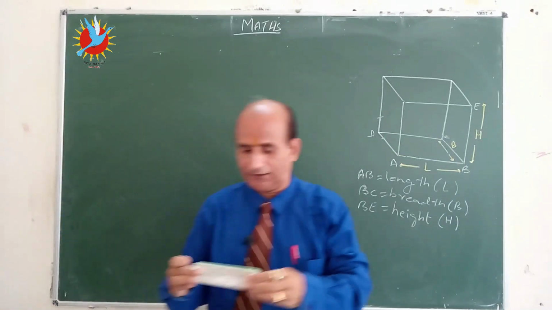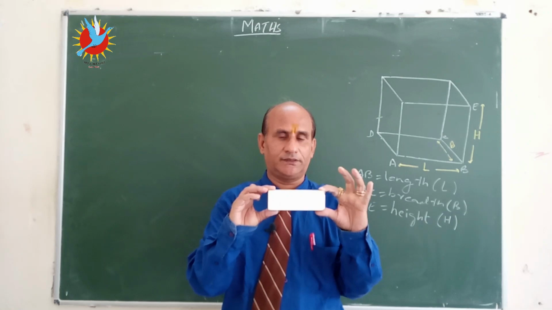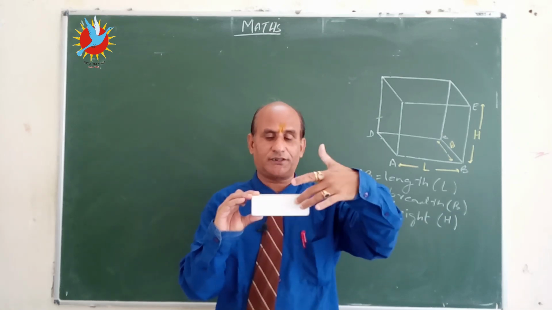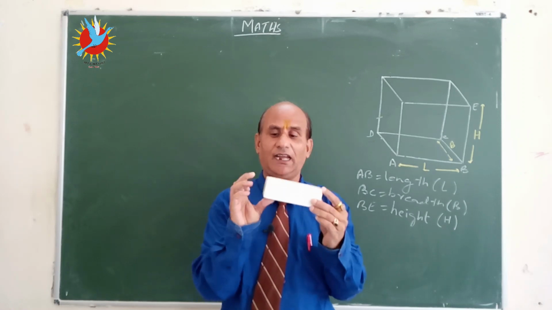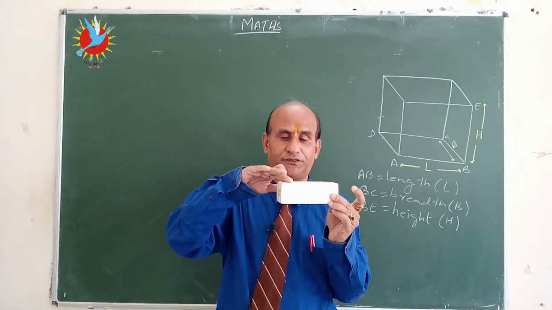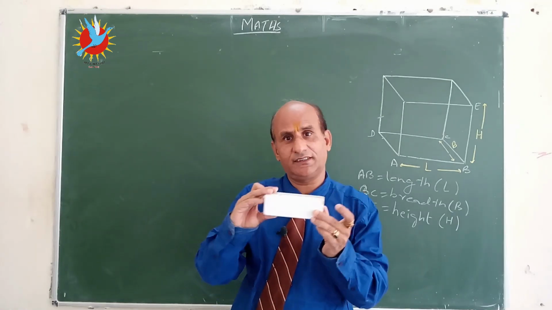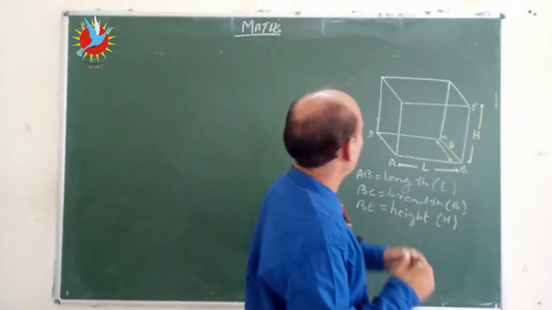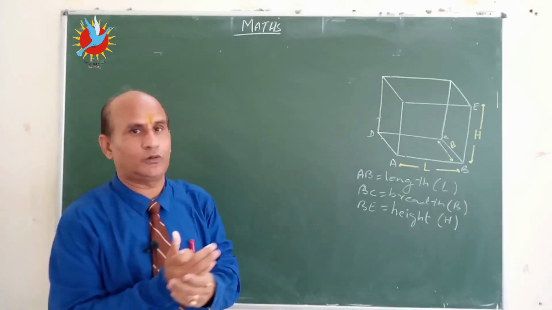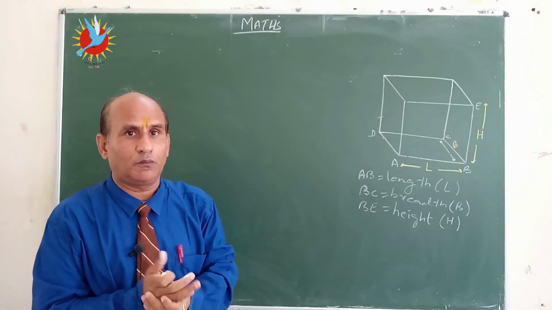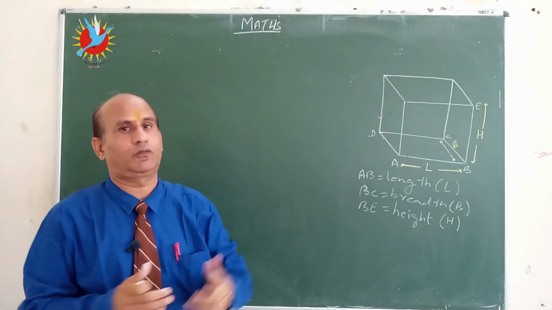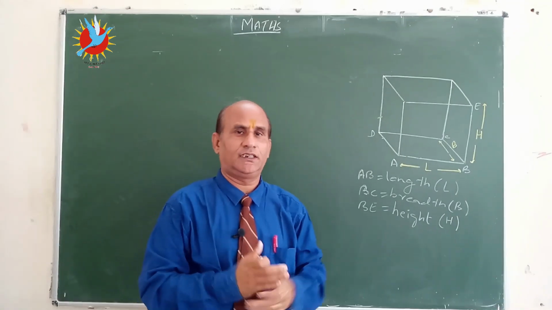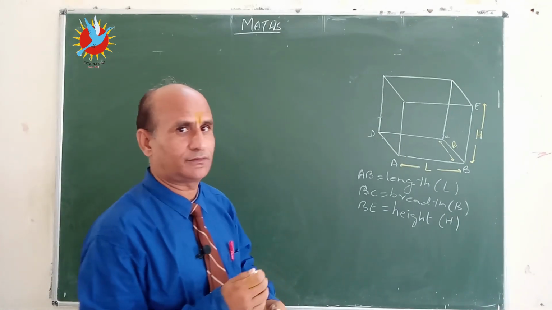Suppose this is one cuboid, then we are taking the area of the 4 walls, first wall, second wall, third and fourth, and this ceiling and floor is subtracted. This basic formula is very useful when we are painting the 4 walls, or whitewashing the 4 walls.